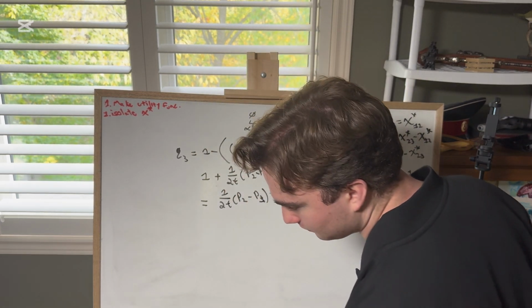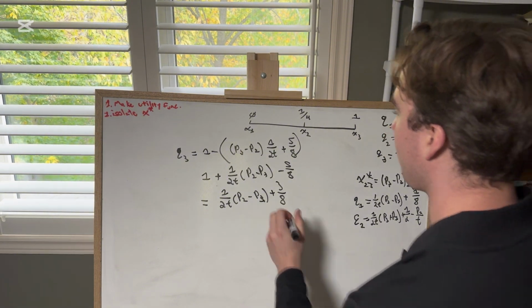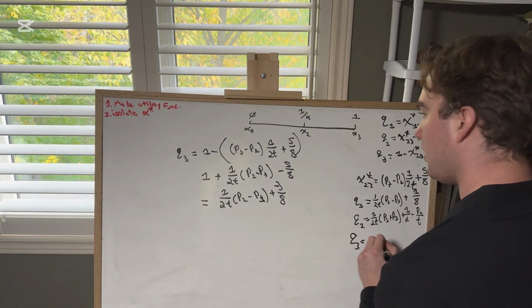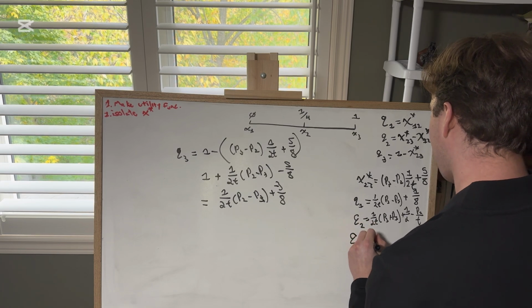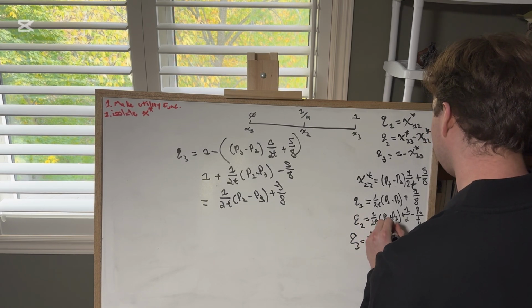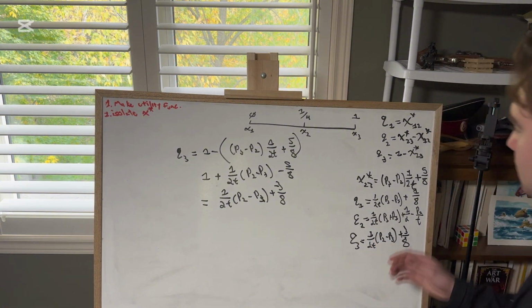And that should be it. That is it. So, we have all of our quantities. Q3 is equal to 1 over 2t, p2 less p3, plus 3 over 8. Okay?